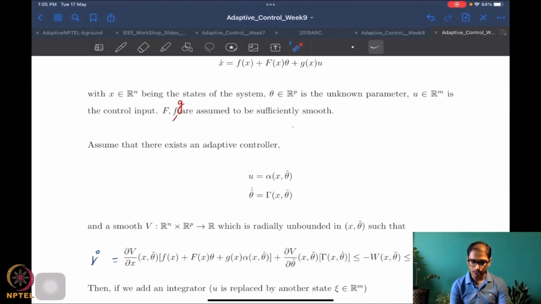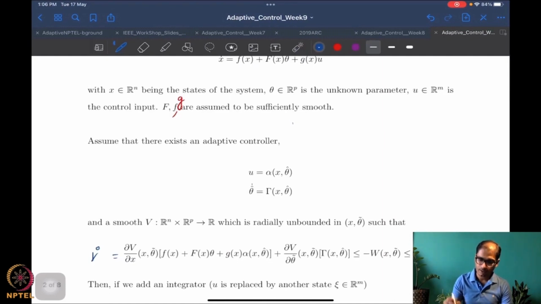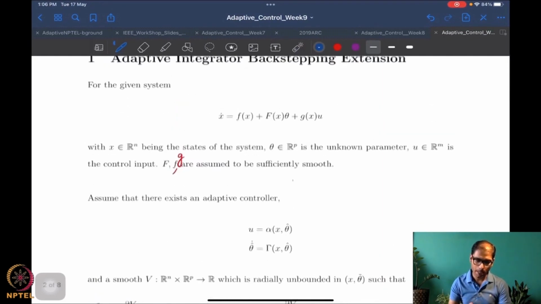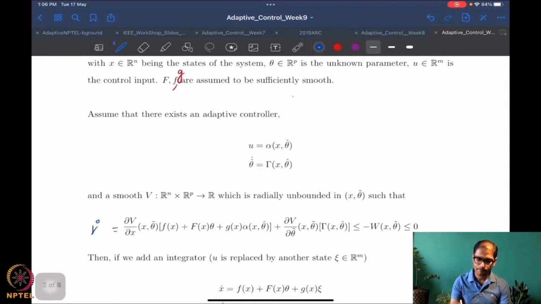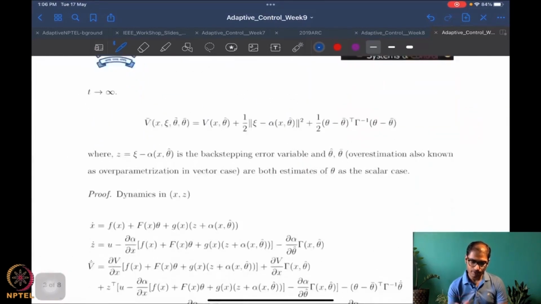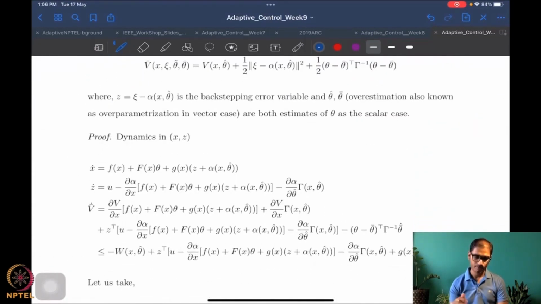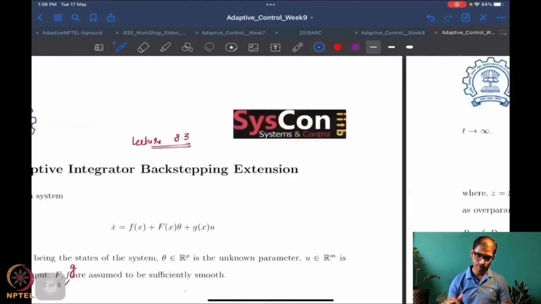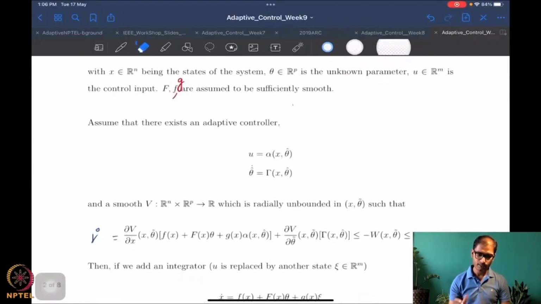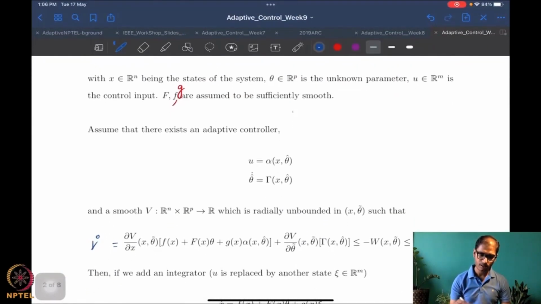We have to be careful here. Let me see if we have done this correctly. I think this should actually be theta tilde dot, not theta hat dot.